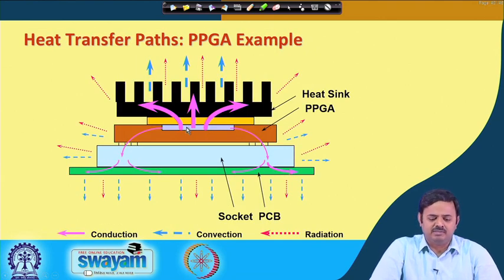Now, between the silicon and the substrate, there will be the solder balls, so on and so forth, which I have not shown. Okay. So, there is a piece of silicon resting on a substrate, and then there is a copper plate on top, and the substrate then with the pins goes to the socket, which is denoted by this light blue, and which in turn is attached to the motherboard, or the circuit board, denoted by green.